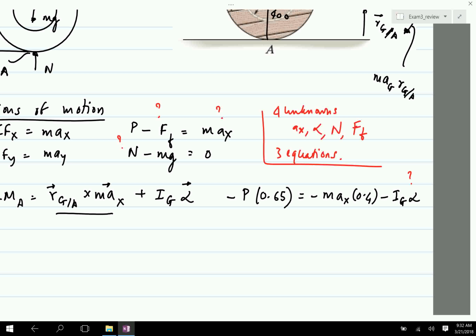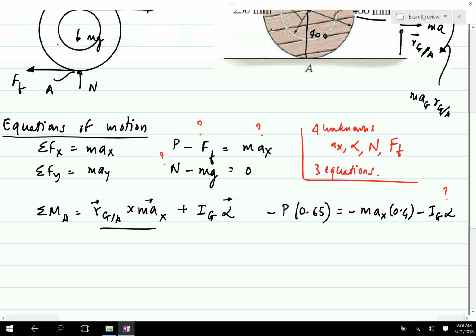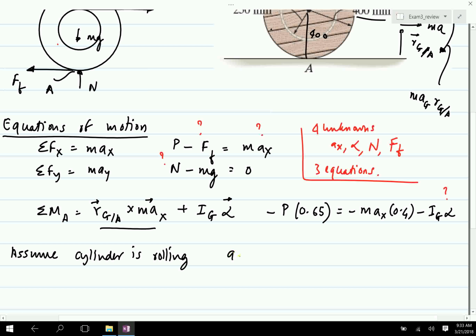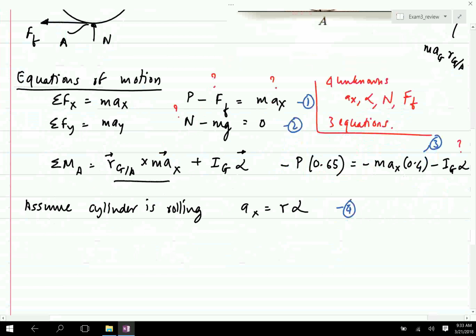The fourth equation for this particular problem comes from assuming the cylinder is rolling. The fourth equation is AX equals R times alpha. So now we have four equations, 1, 2, 3, 4.